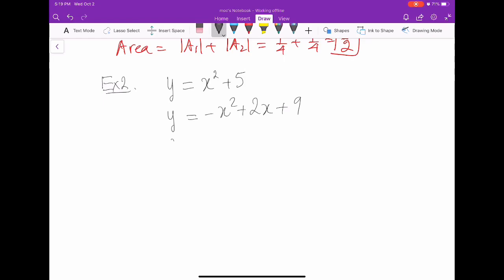And they ask us to find the region enclosed by the graphs of these two functions, and then x equal to 0 and x equal to 3. Okay, so we need to graph them, right? And in this situation, given that they give you 0 and 3 and they don't give you a picture, you need to find intersection points. Don't forget that.